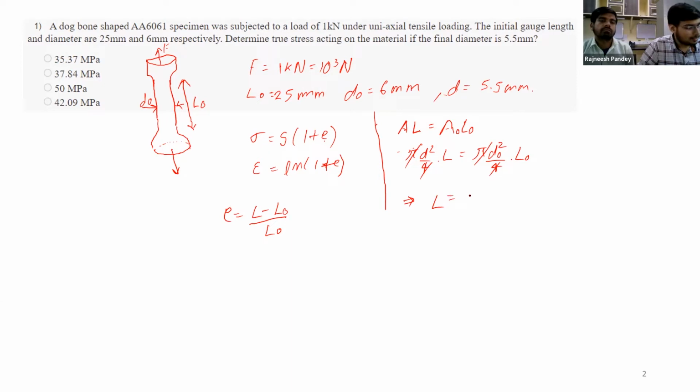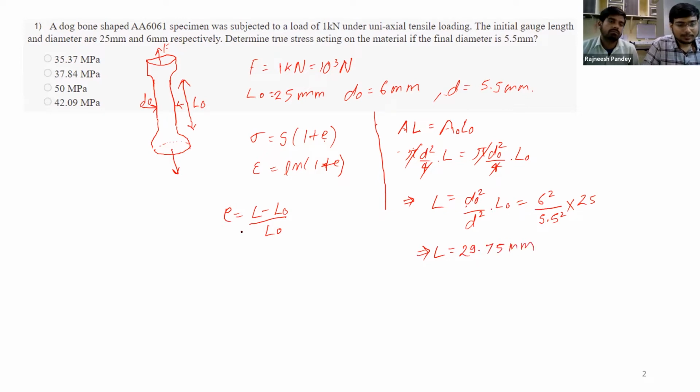So we will get L is nothing but D0 square over D square multiplied by L0. Upon substitution, D0 was 6, so 6 square over 5.5 square multiplied by L0, which was 25 mm. So we get this L as 29.75 mm.